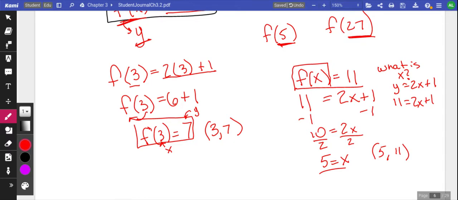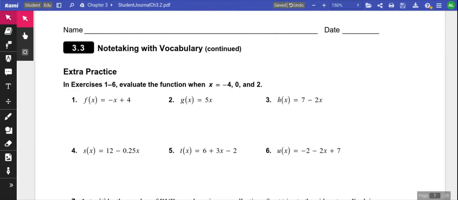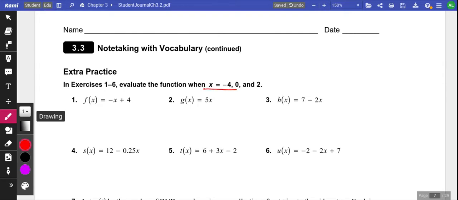For some people, it's helpful to think of f of x like y because that's what it kind of means. Now let's see if I can find a couple quick examples for us. It says, for these, evaluate the function when x is equal to all these different numbers. So let's just do -4 for 1. I just want to show you a quick example. So when I'm plugging in -4, f of x isn't my input anymore. Now my input is -4. f of -4 is equal to negative, and I'm plugging in -4 for x, plus 4.